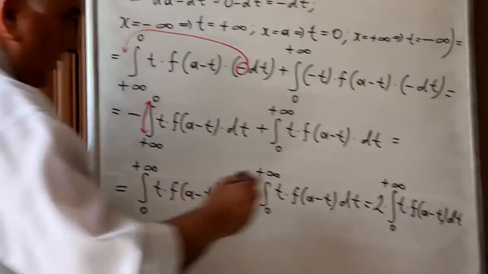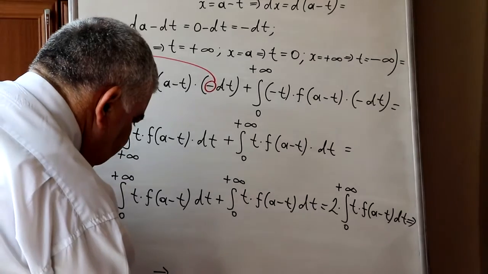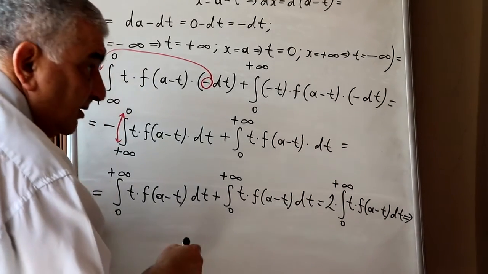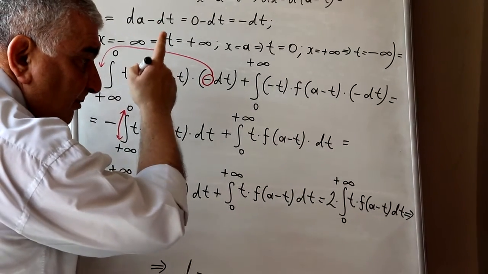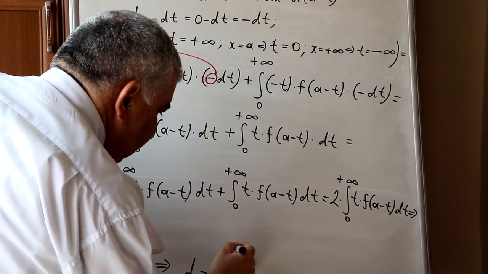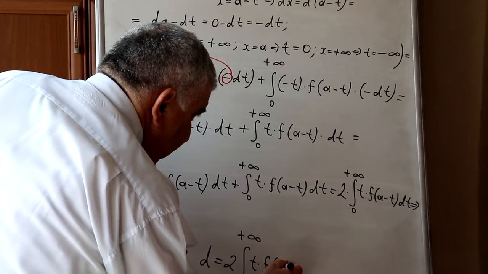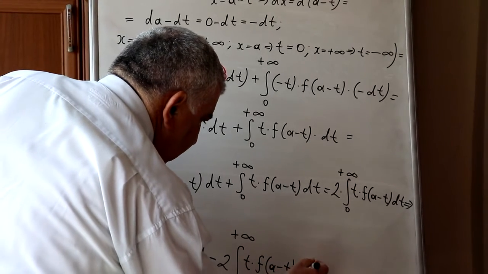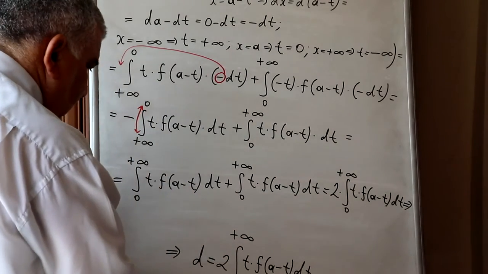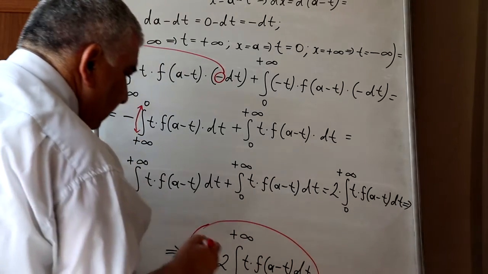d is notation of the mean arithmetic error. Twice integral from 0 to plus infinity of t multiplied by f of a minus t dt. Then continue.